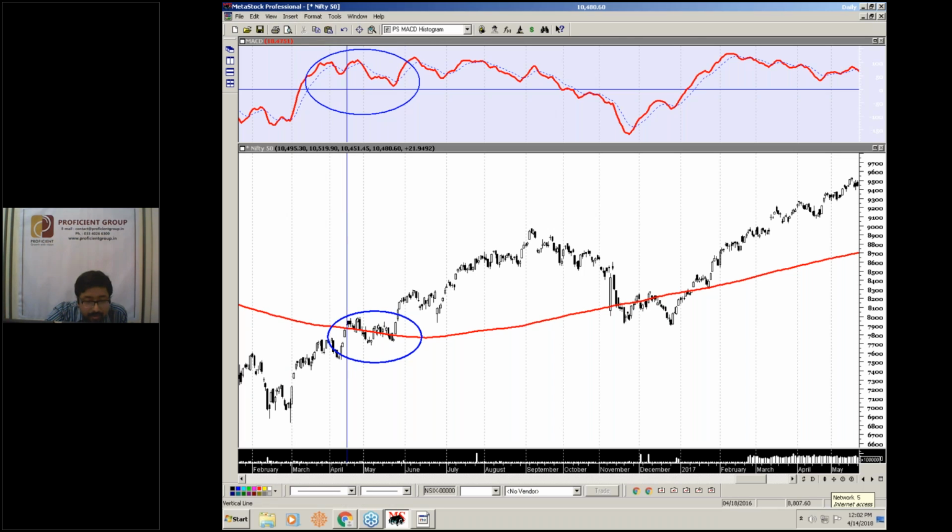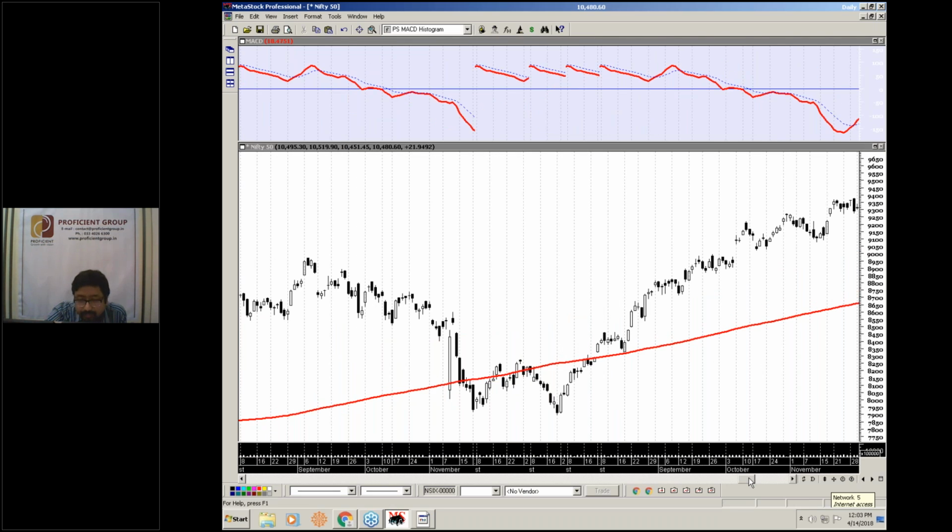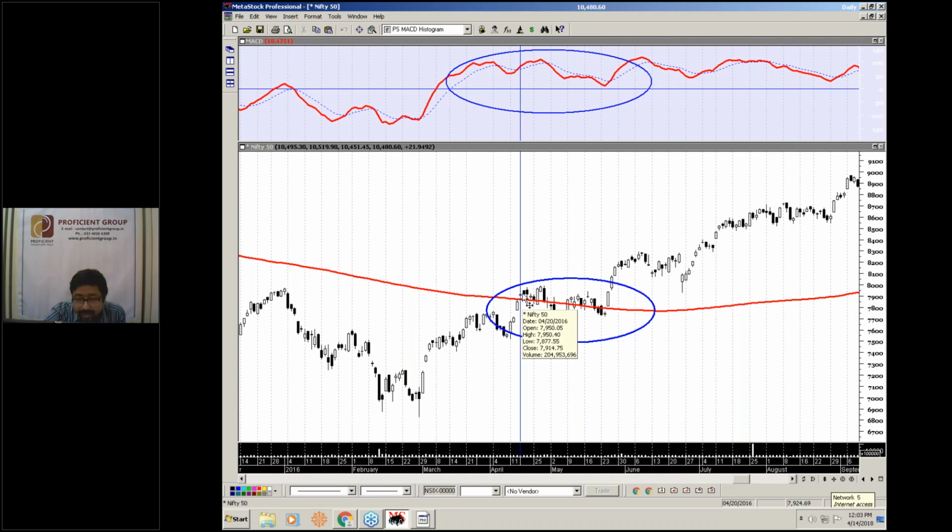This was the time when, yeah, I'm taking it here. On this particular day, look, prices for the first time went above the 200-day moving average, right? And by that time, MACD was already above the zero line. So the trend actually changes from here.